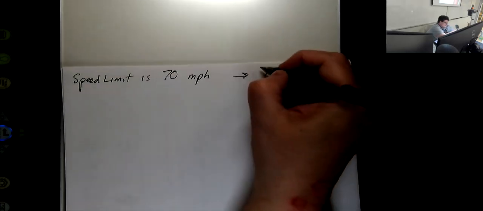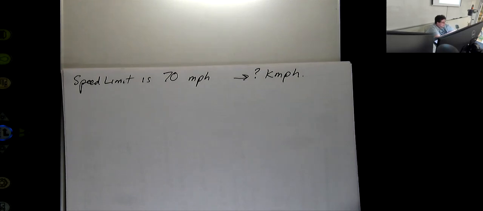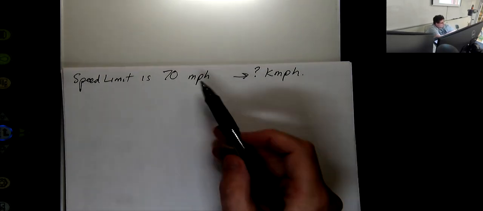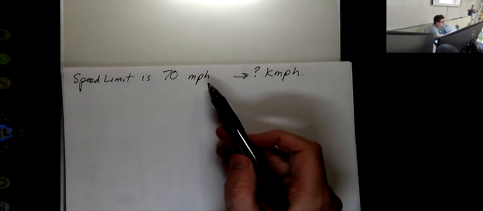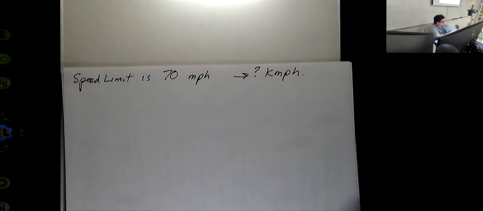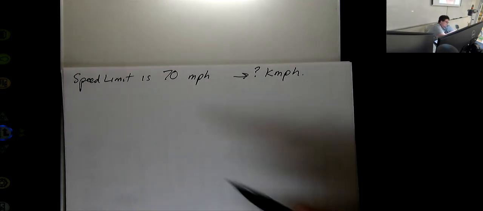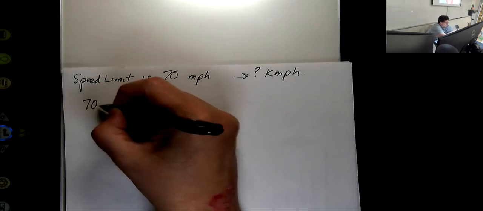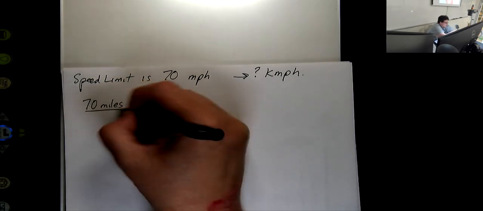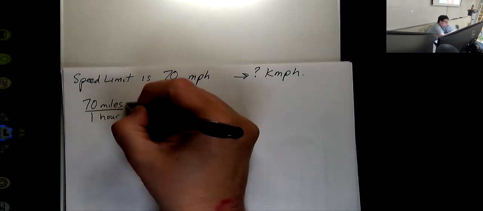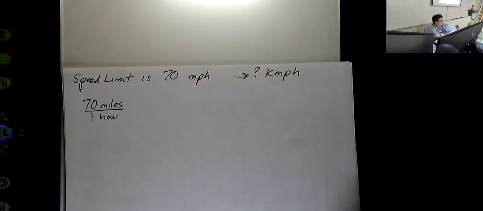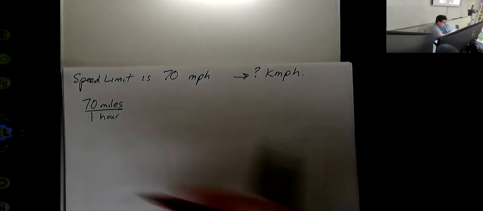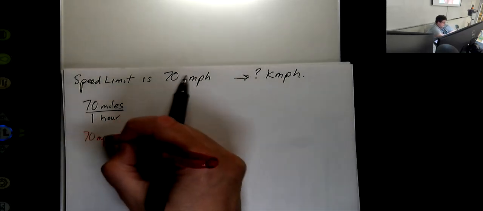And we'll have some unknown value here. Now, mph is miles per hour. When we're doing our conversion bridge, this is really 70 miles over 1 hour. That's my starting value. That's what miles per hour means.